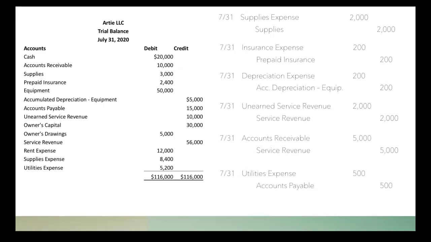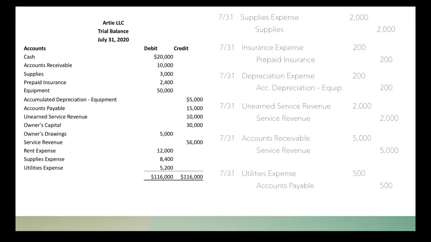So we have all of these adjusting entries, right? And then we have our trial balance over on the left. Well, after you prepare all of your adjusting entries, your trial balance isn't true anymore, right? For example, supplies, we knew that we only had $1,000 left in supplies.